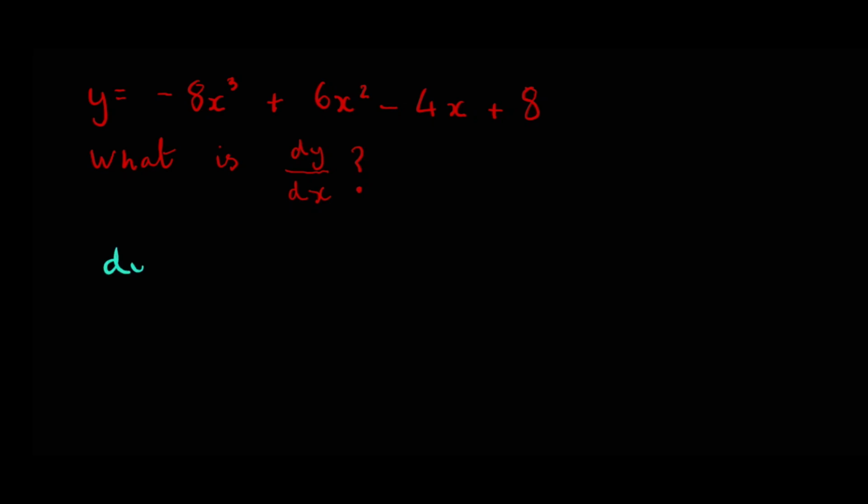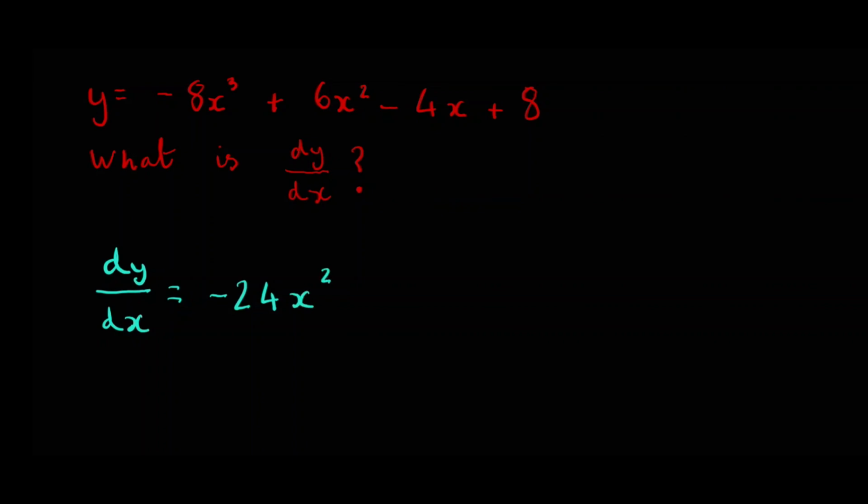This time I'm not going to write all the brackets, and I'm not going to actually write the minus 1 next to each power, because you wouldn't actually do that in an exam, it just takes too long. You just go straight to this form. So first we have negative 8x to the power of 3, so that becomes negative 24x squared.